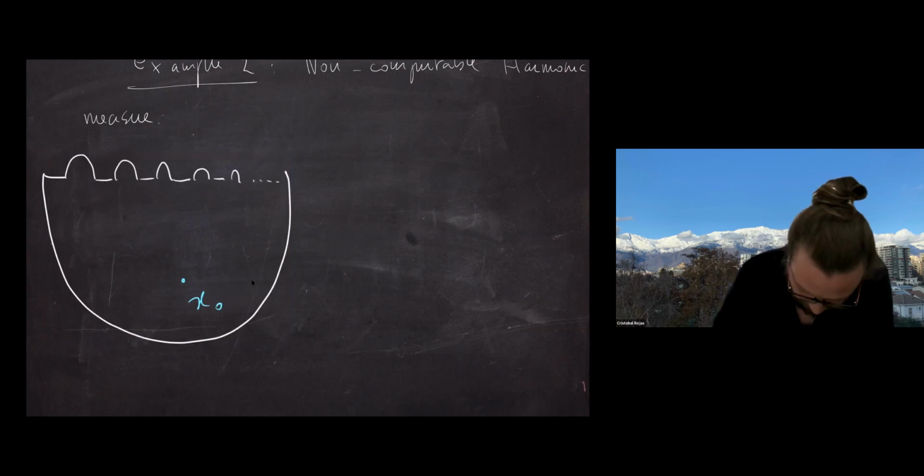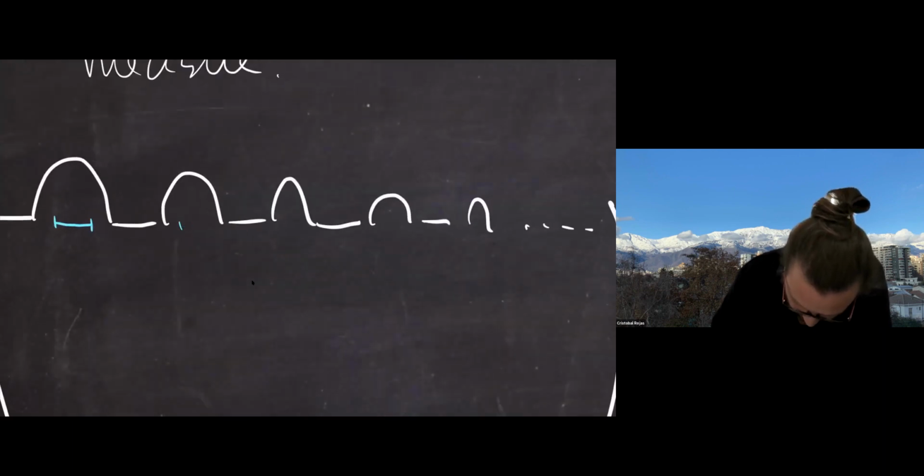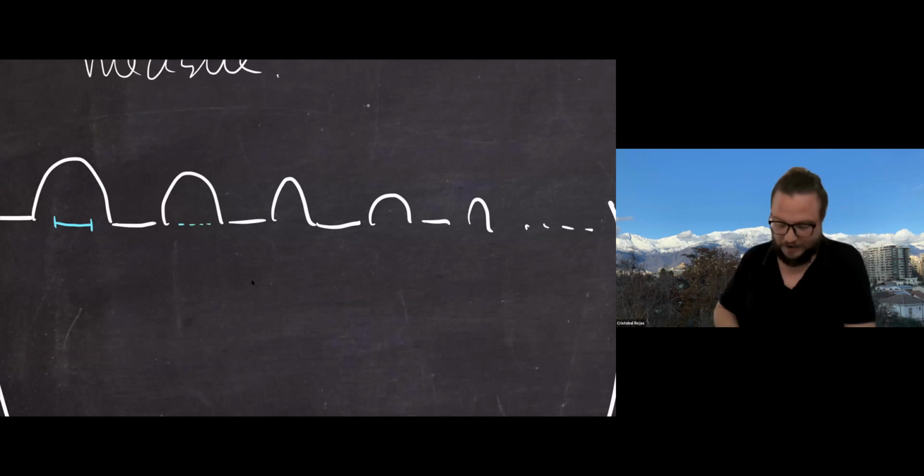So the way we are going to do this is by adding also a barrier, but it can be of two sorts: a hard barrier or a dashed, or dotted barrier.